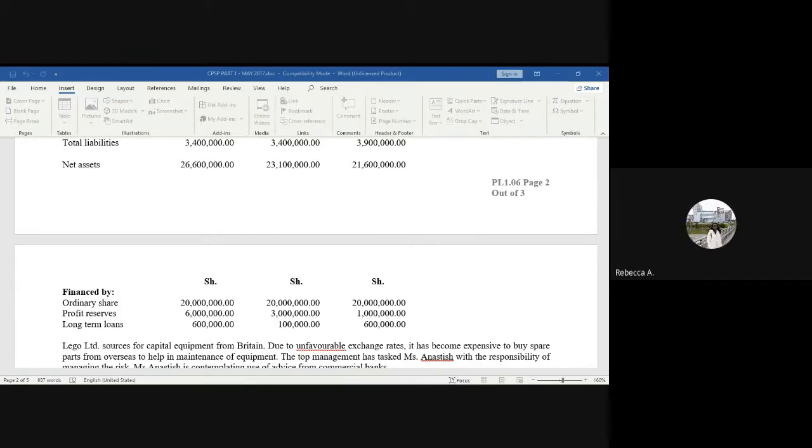So I said net profit ratio equals net profit after tax divided by sales.